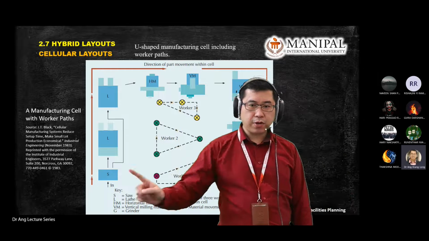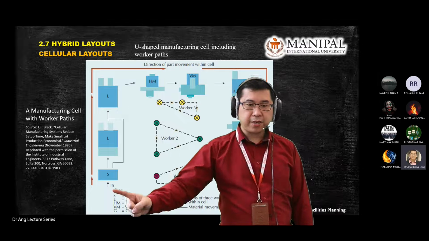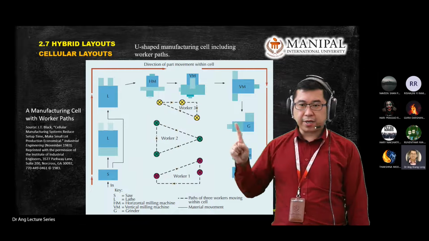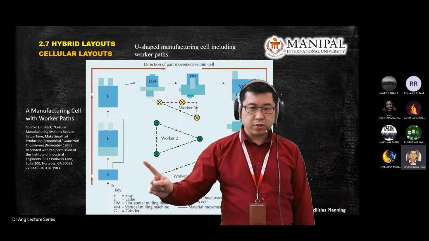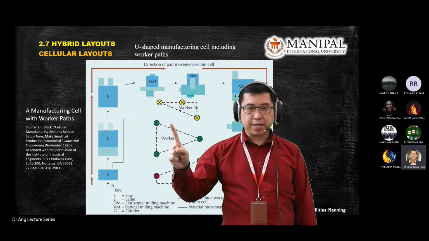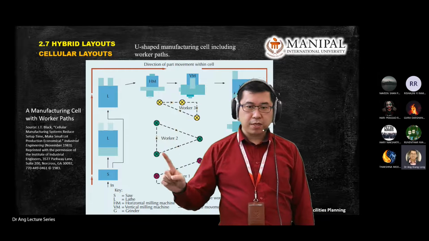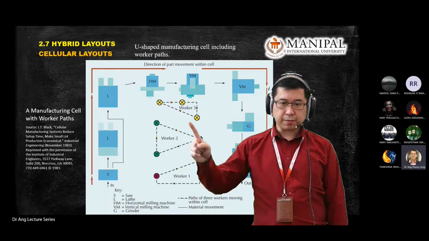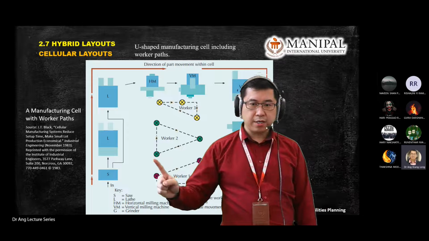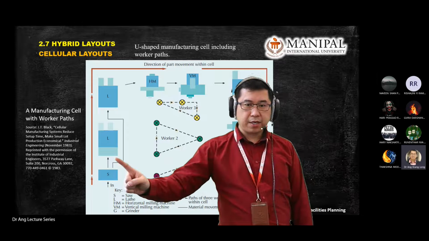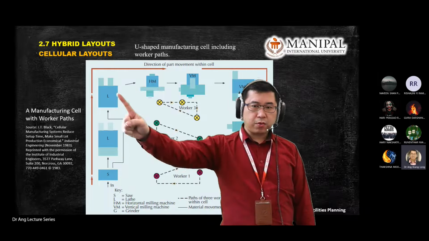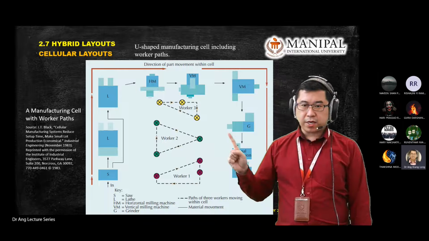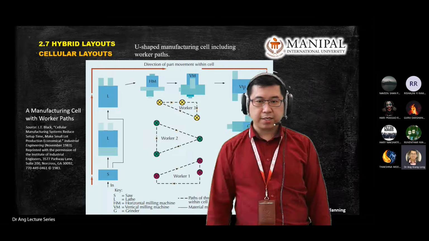Why clockwise? Because the material comes in and out in the clockwise direction. So your worker always follows the product flow. So here you go up, go here, and go here, also clockwise direction. So this worker maybe works on this machine, goes here, and goes back.